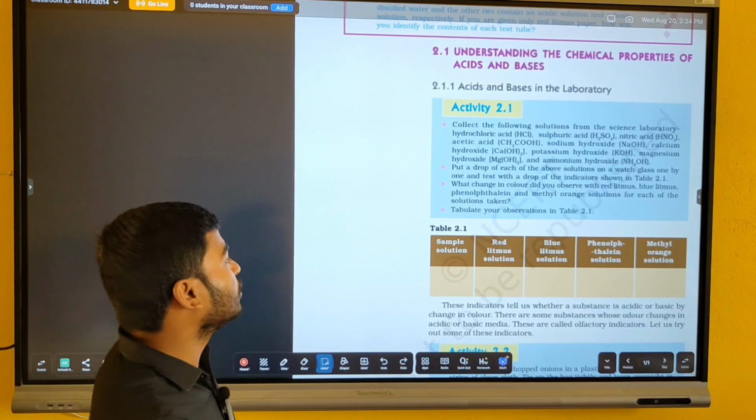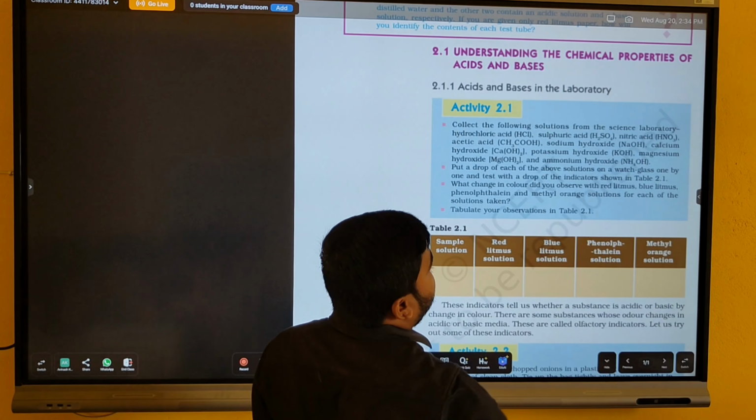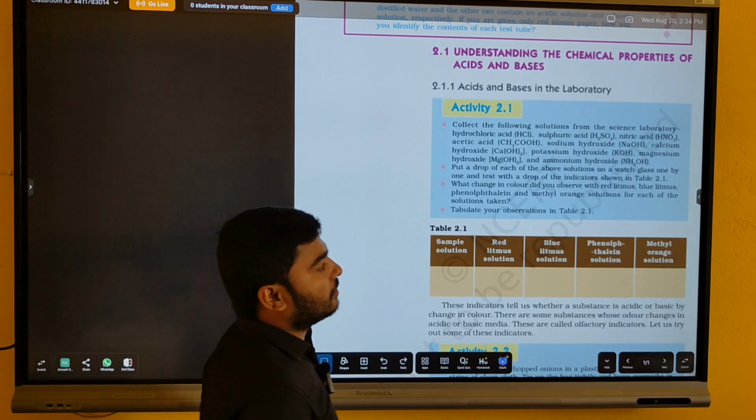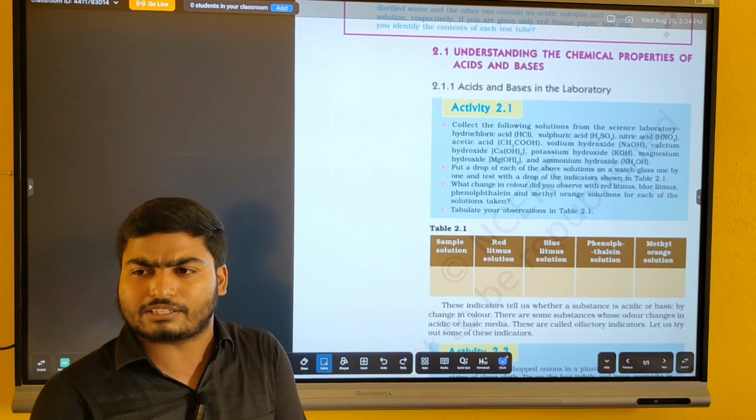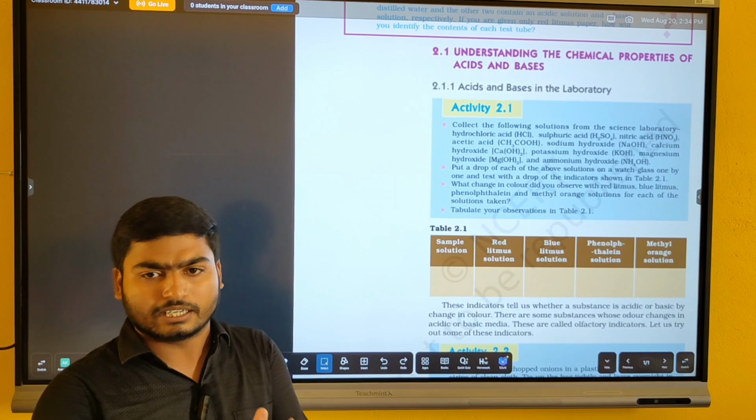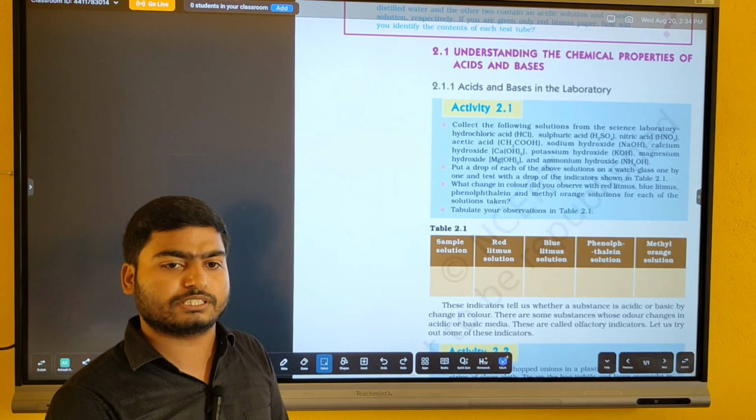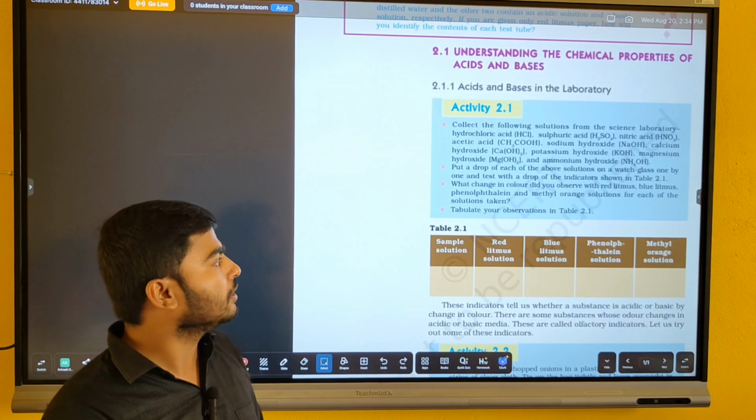After that, put a drop of each of the above solutions on a watch glass. What is a watch glass? We have already discussed it. It is a type of glassware we generally use in the chemistry lab.